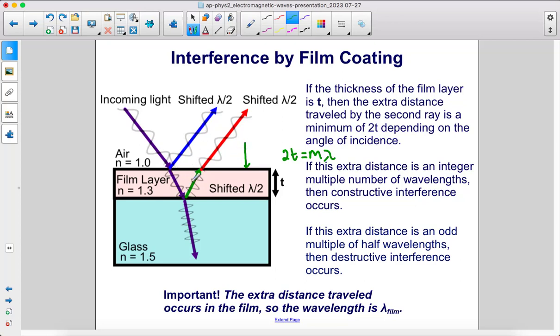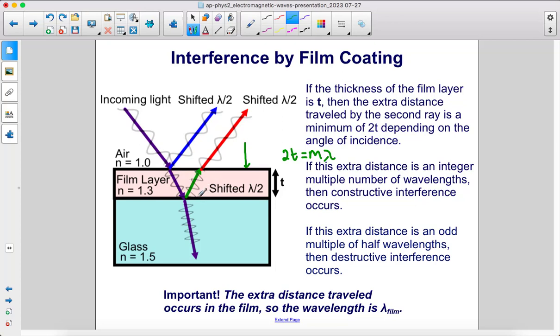However, if that extra distance traveled by the second wave is 1.5 wavelengths or 3.5 wavelengths, then destructive interference will occur.